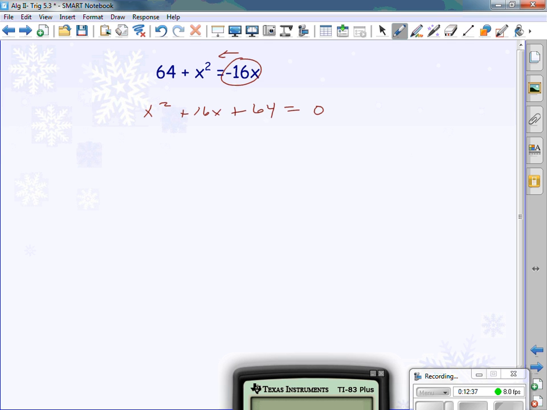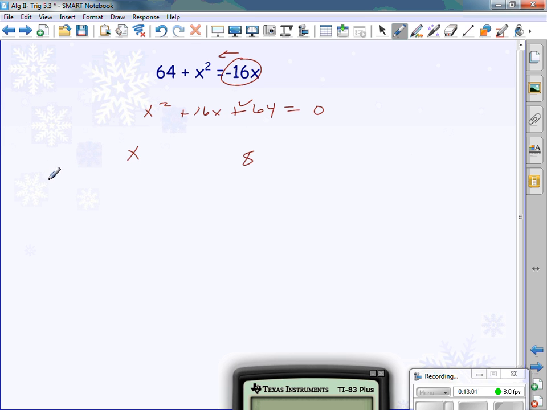First thing I look at, after I've lined them up, can I pull anything out? No. Now I want to look, is it special? Can I take the square root of x squared? What is it? x. Can I take the square root of 64? What is it? 8. Is this positive? Yes.